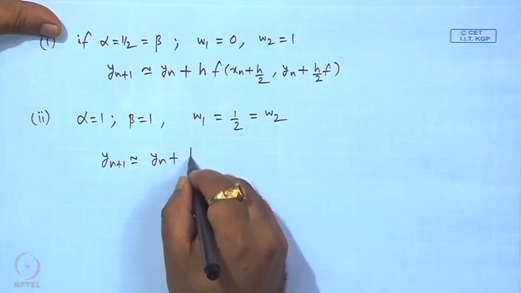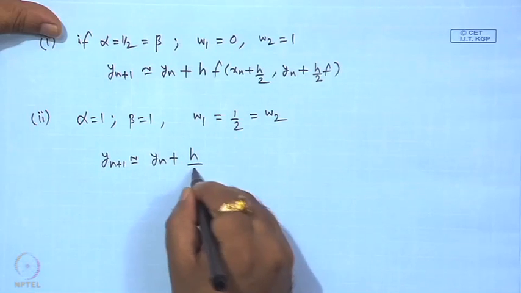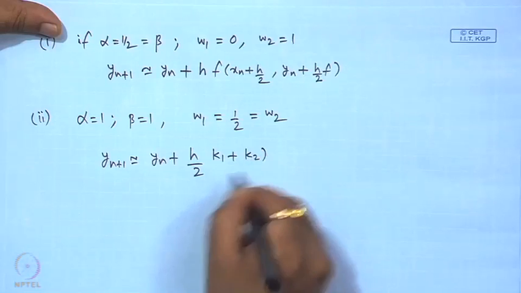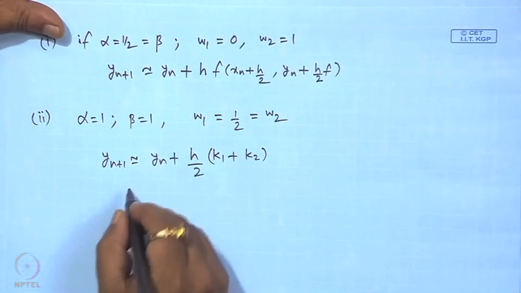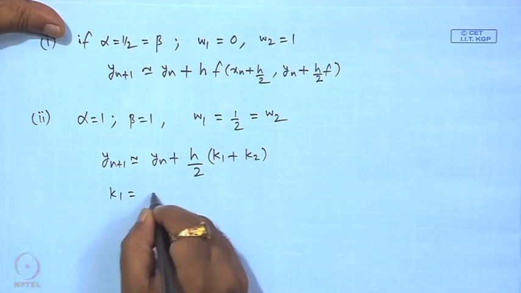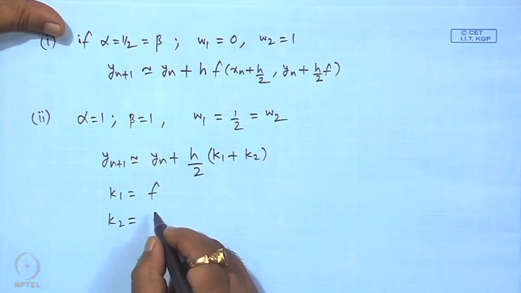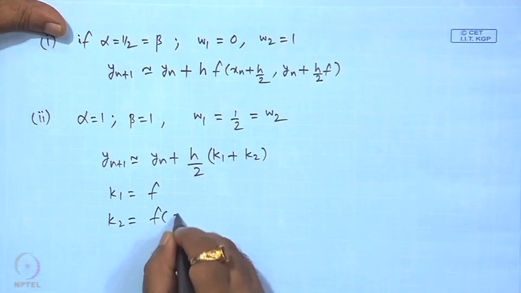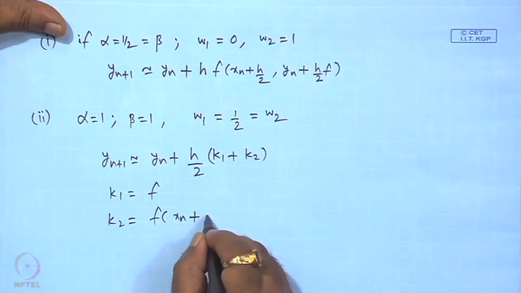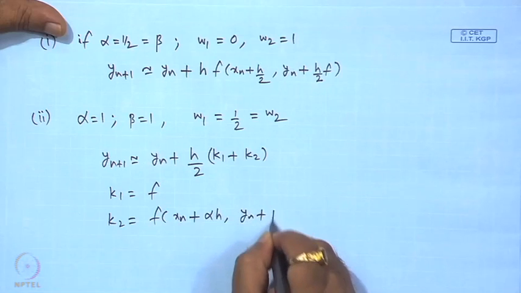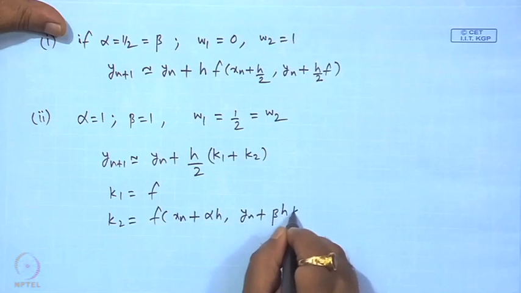So, this reduces to h times half of k 1 plus k 2, and what is our k 1? k 1 is f and k 2 is f of x n plus alpha h, y n plus beta h k 1.